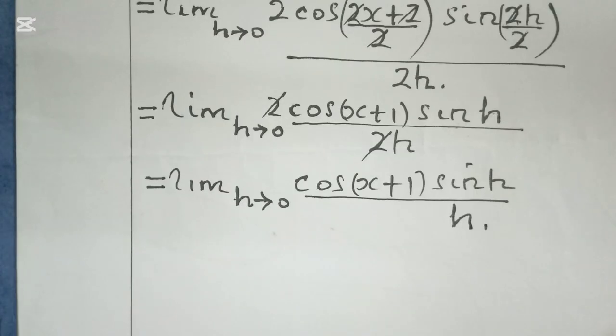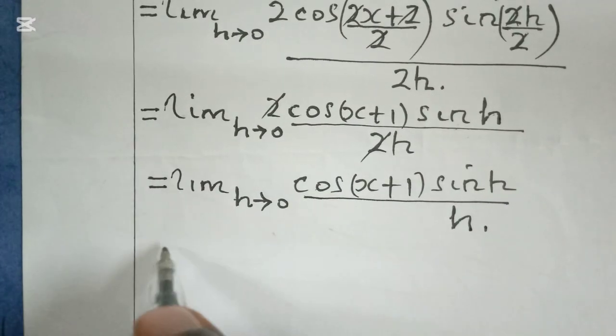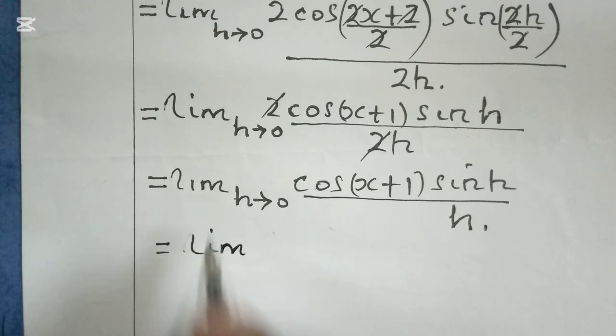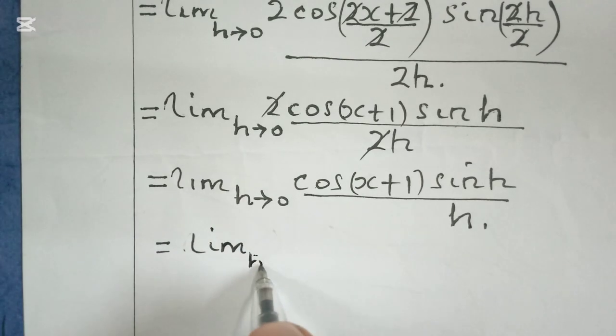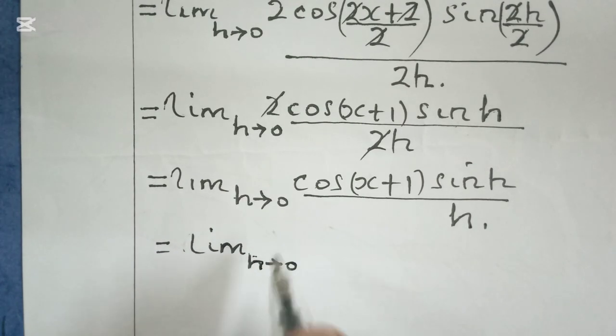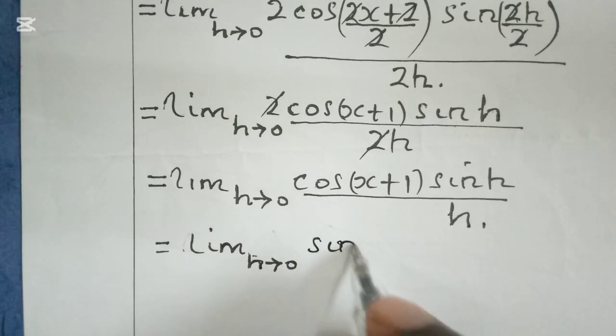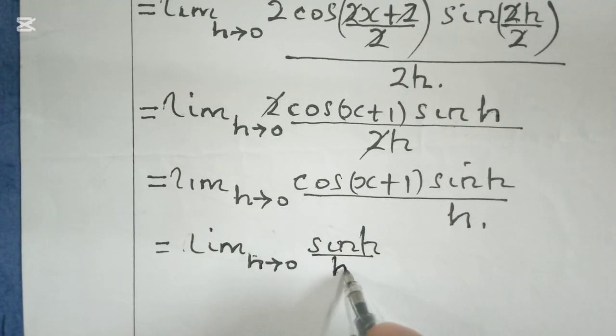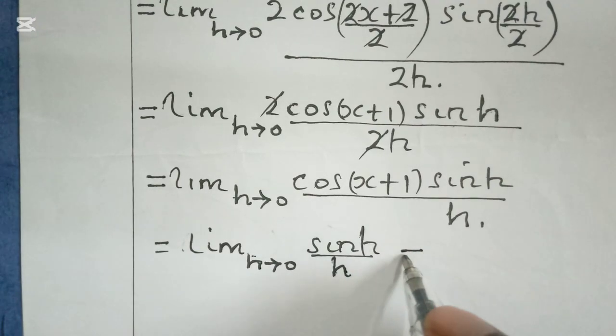Guys, from there, we also know that the limit as h tends to 0 of sine h all over h will now become 1.